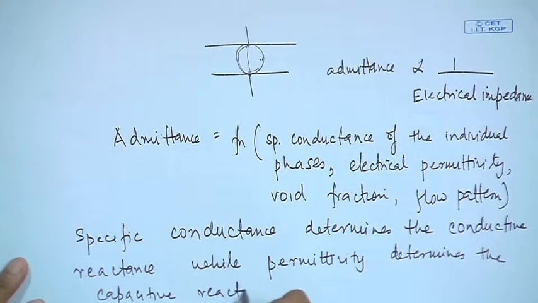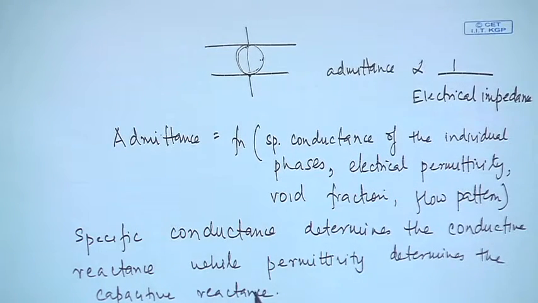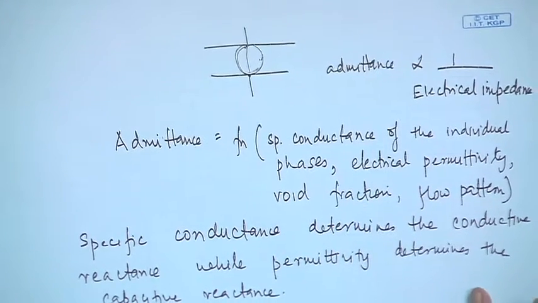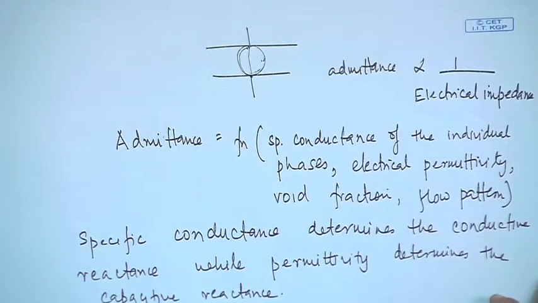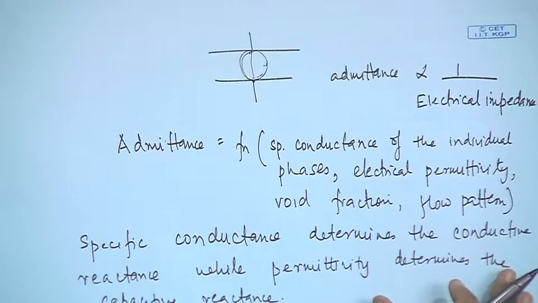So it means that if we are operating in the conductance mode, then the specific conductance of the two phases will be determining the conductive reactance, while if we are operating in the capacitive mode, then permittivity will be determining the capacitive resistance.